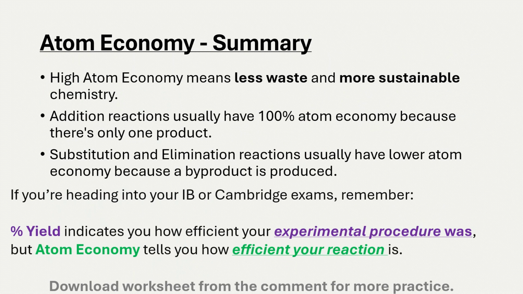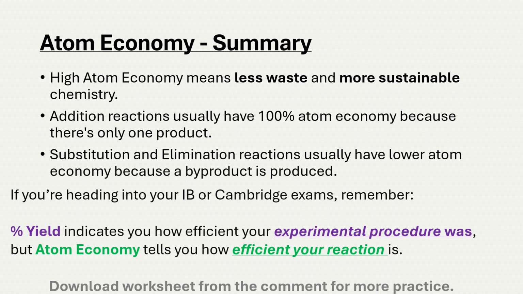To summarize, high atom economy indicates less waste being produced, so the reaction is becoming more sustainable. This is very important as we approach green chemistry, to utilize the raw material as efficiently as possible. Second, addition as well as combination reactions have 100% atom economy because there's only one product.